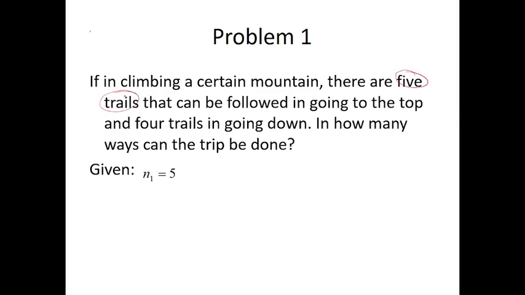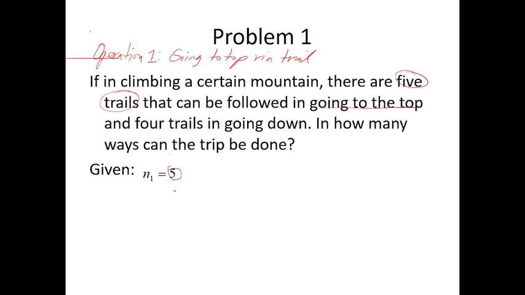So, what is operation 1? Operation 1 is going to the top via trail. How many ways can it be performed? There are 5 trails that can be followed in going to the top. In other words, all the possibilities equal 5.